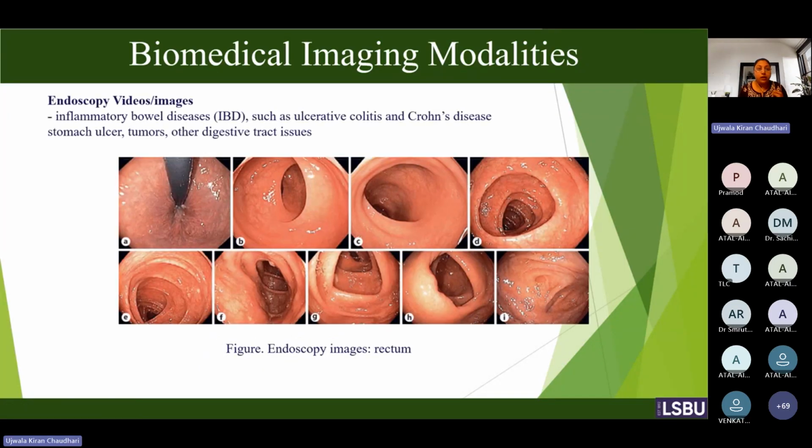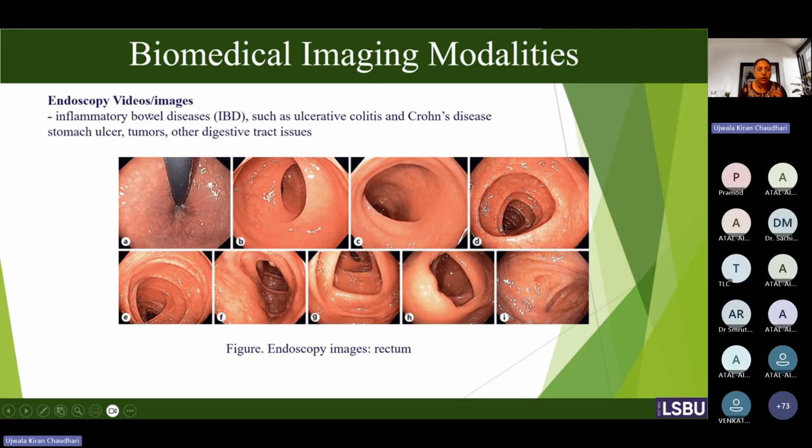And then there are videos that can be generated with the help of endoscopy. Now endoscopy can be done of different organs. This is again typically for bowel diseases, inflammatory bowel diseases. For the intestine, it can help to identify ulcerative colitis or some chronic diseases, maybe stomach ulcers, tumors, or other digestive tract infections.